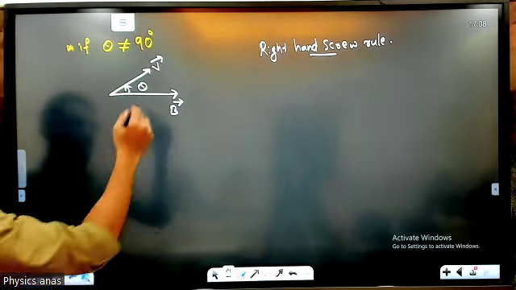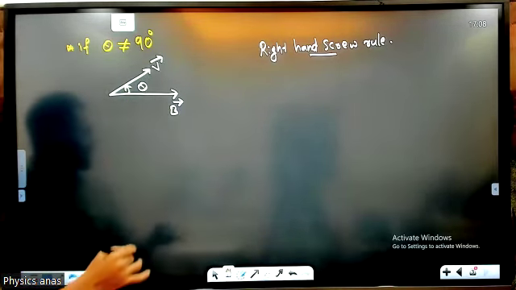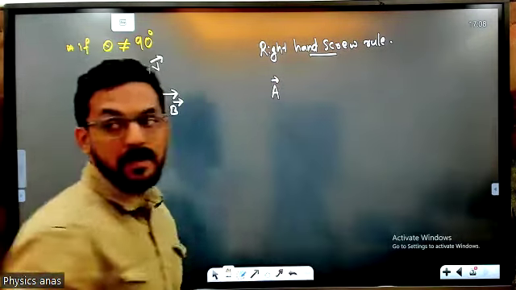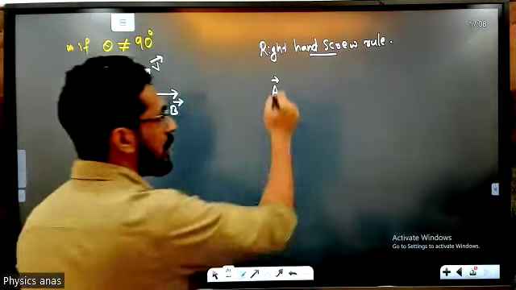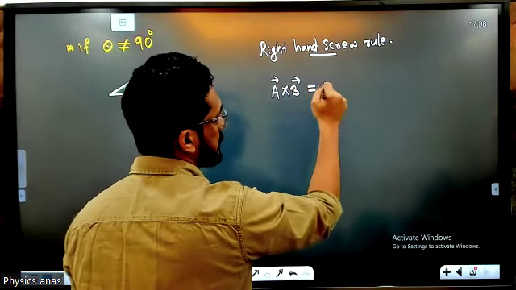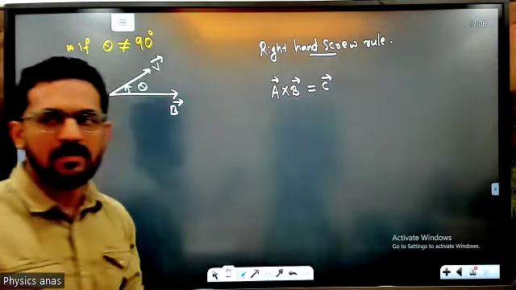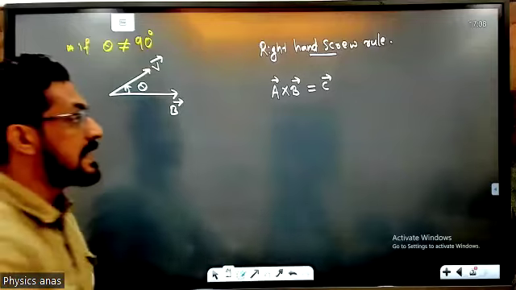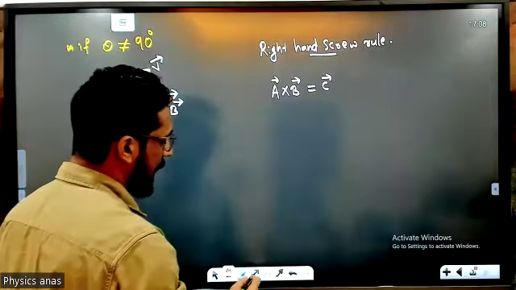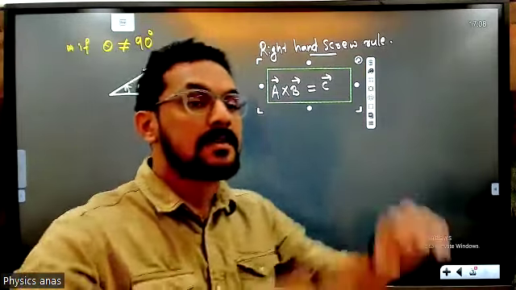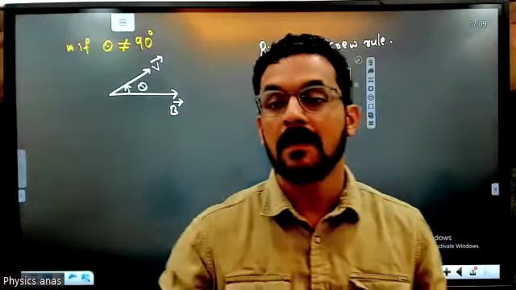Okay, so I want to recall your memory about vectors. If A is a vector and B is a vector, and A cross B is C, C is another vector. What will be the direction of C? C will be perpendicular to both A and B. That is the result from the cross product.